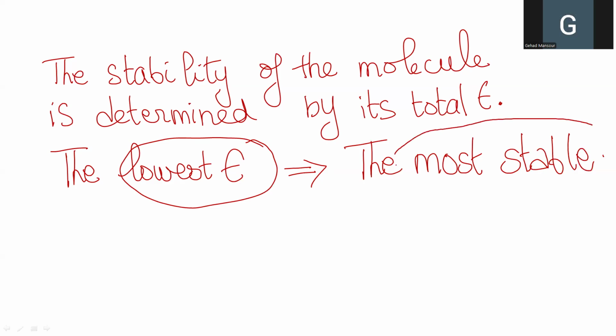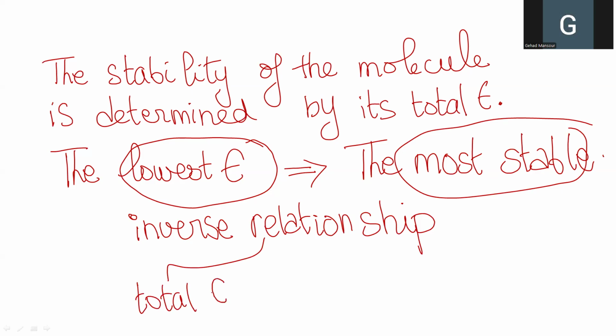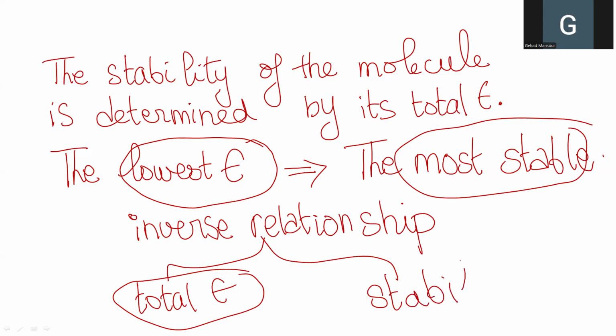This means that there is an inverse relationship, not only with the potential energy of the molecule, but with the total energy. An inverse relationship between what and what? Between the total energy of the molecule and the stability of the molecule. And this sounds logical.